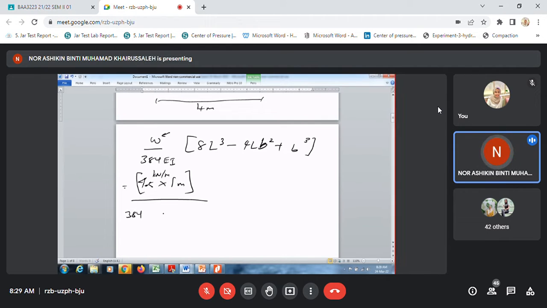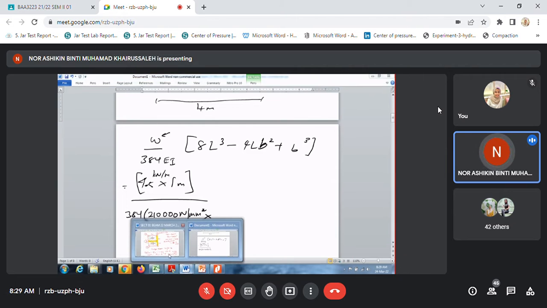Divided by 384 E. So what is the E? Modulus Young. The modulus Young for the steel is 210,000 Newton per millimeter square, times the I. So what is the I? You know what is the section that we used for the beam before?